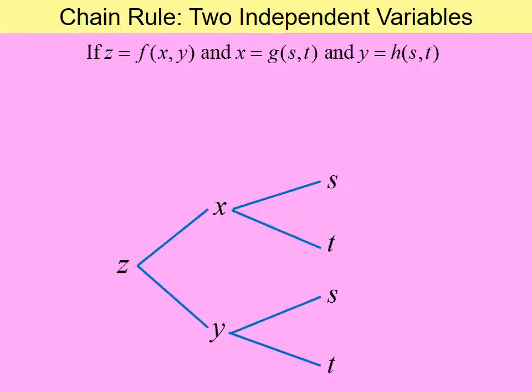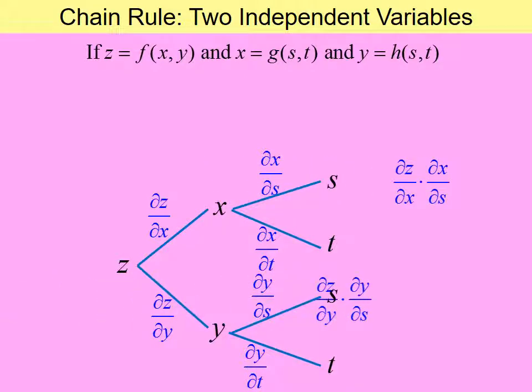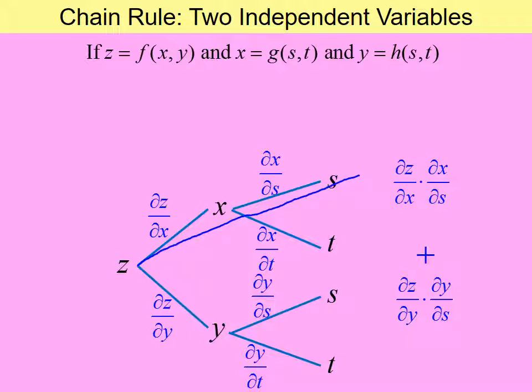Now again, we will put on each of the branches the appropriate derivatives. And if we want to do the derivative of Z with respect to S, we need all of the branches that start with Z and end with S. That would be these two. We multiply along the branches and add down the outside.